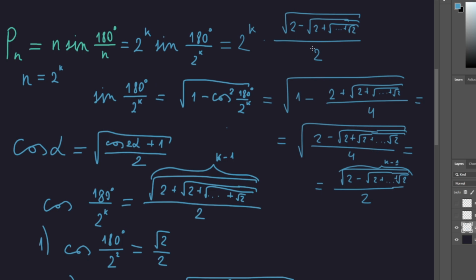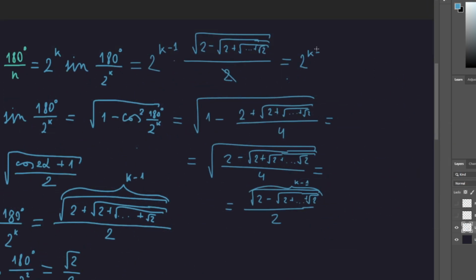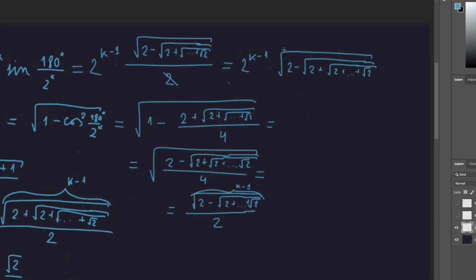So this thing can be put right here into the power, and the final answer is 2 to the power of k minus 1 multiplied by square root of 2 minus square root of 2 plus square root of 2 plus and so on plus square root of 2. Ta-da! There are only k minus 1 square roots. Great! As you can see, we indeed get the formula that we started with.